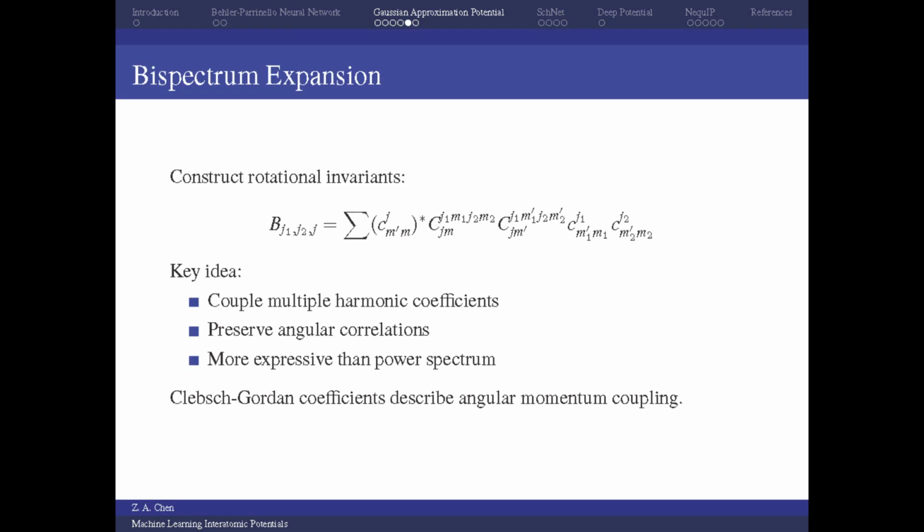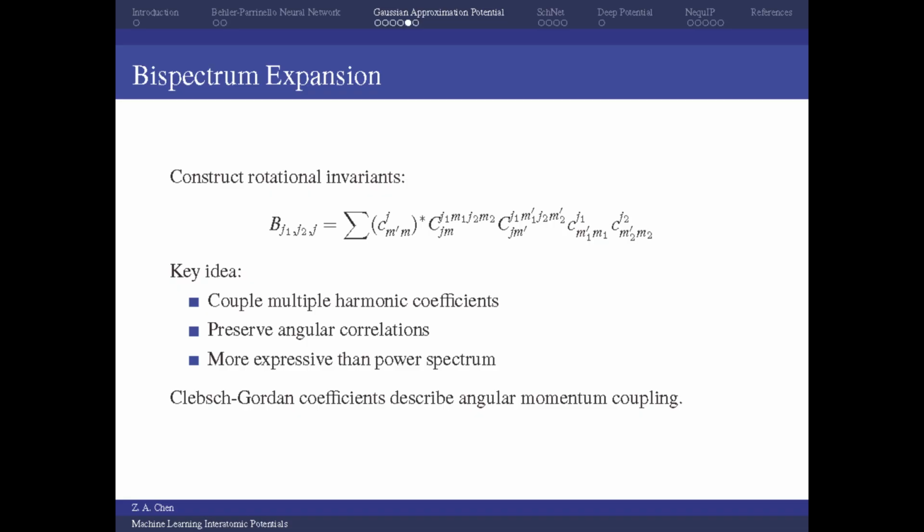To preserve more geometry information, the paper introduced the bispectrum expansion. The bispectrum couples multiple harmonic coefficients together using Clebsch-Gordan coefficients. Conceptually, this captures correlations between different angular components.